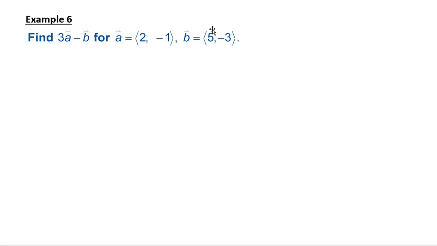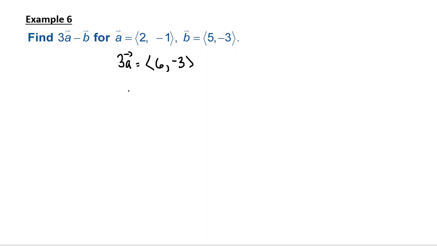Okay, our last example. You have to find 3a minus b. So let's find 3a. 3 times 2 is a 6. 3 times a -1 is a -3.